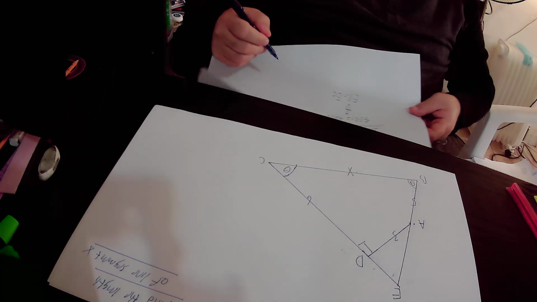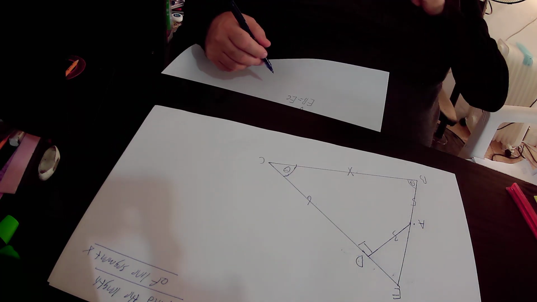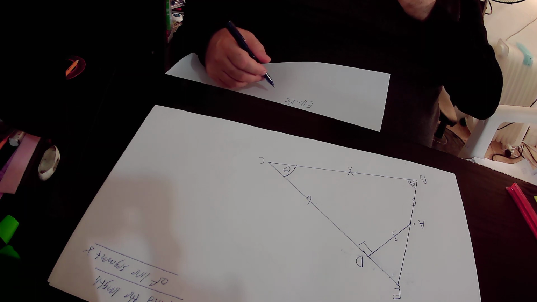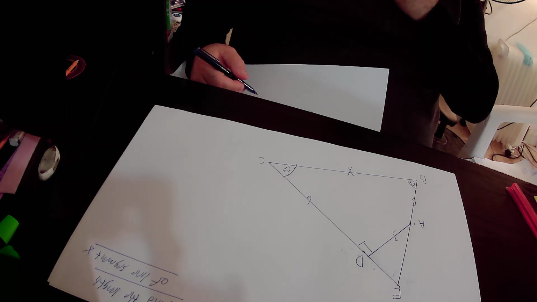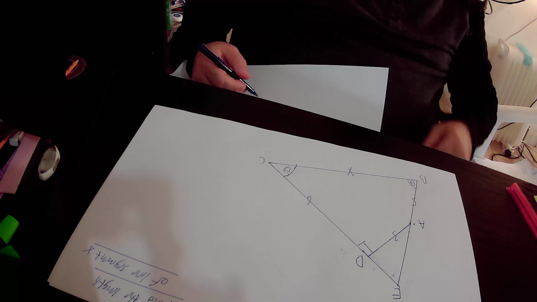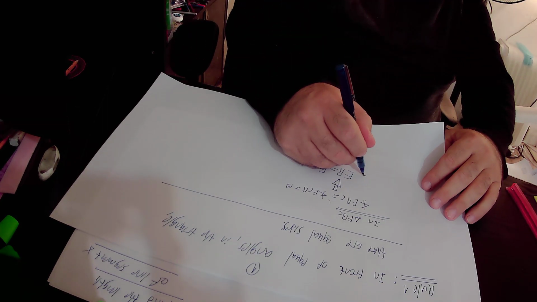Okay. So this will be equation number 1. EB equals EC is equation number 1.